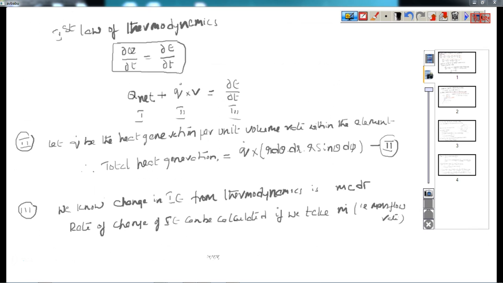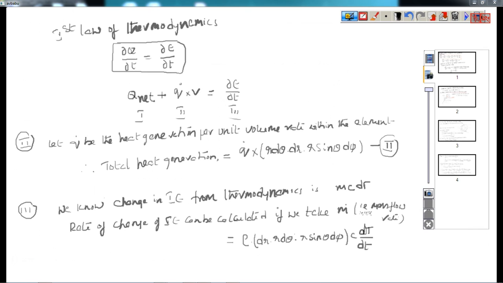Now m dot can be written as density into volume, where the volume in our case is dr, r d theta, r sin theta d phi, into c into dT by dt.